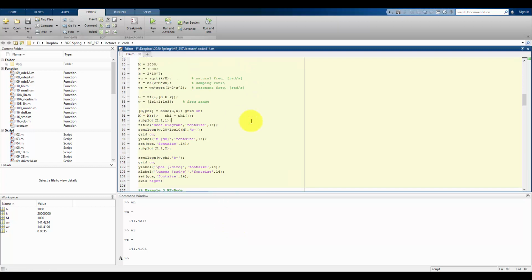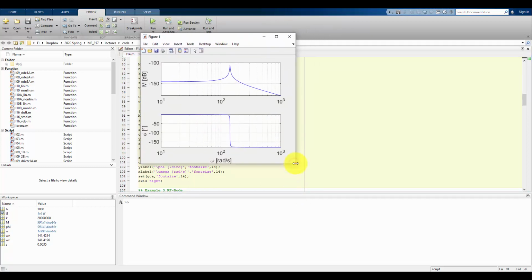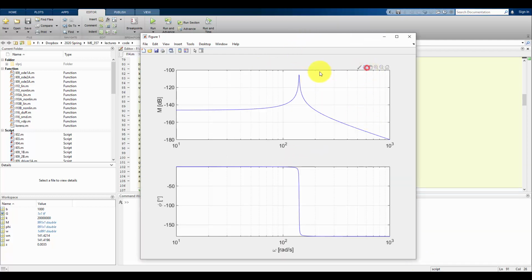I want to make the Bode plot for this new modified system. Making it a little bit larger, that peak is going to occur at the resonant frequency, so again about 141, rounding to three digits. However, the problem remains the same: we want to drive this at 100 radians per second.